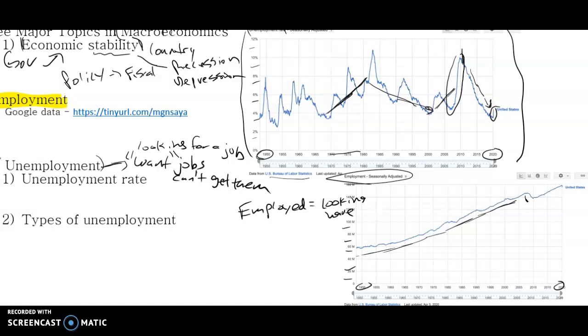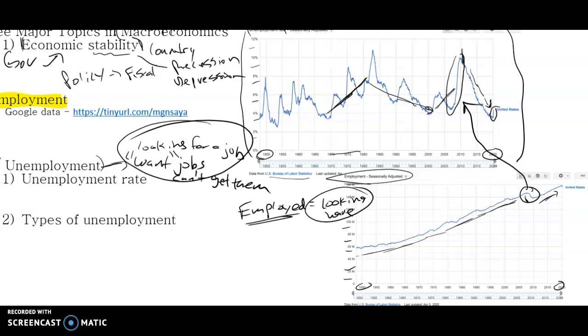And then there's this dip here, and we can see that that dip correlates with that spike right there, and then we've been employing more people over time. So this is employed, looking and have a job; unemployed, looking for a job and can't get a job. If you put these two together, this gives us what's called the labor force.